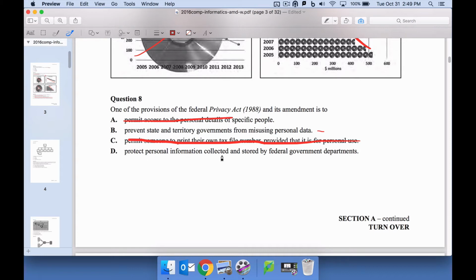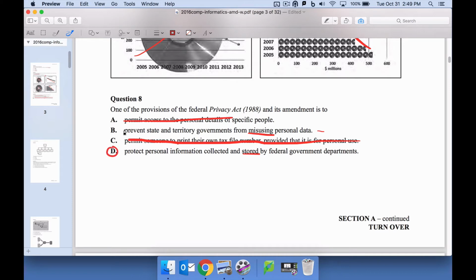Protect personal information collected and stored by federal government departments, whereas prevent state and territory governments from misusing personal data. So this keyword here, misusing, rather than the act of storing data. That's what this Privacy Act 1988 is all about.